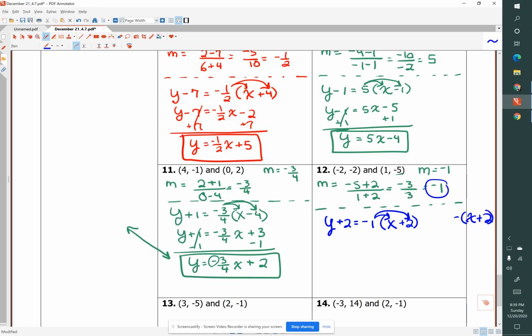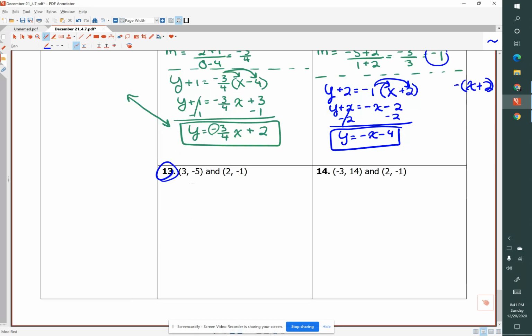Same thing. This becomes an invisible 1. So after distributing, we have y plus 2 equals negative x minus 2. And then we need to subtract 2 from each side so we can isolate y. And then y equals negative x minus 4.